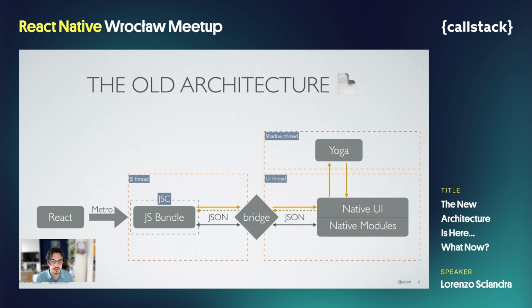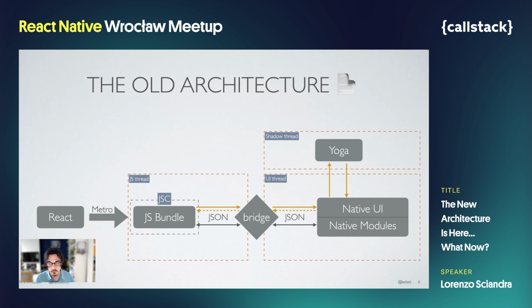We can easily recognize a few known elements. We see Metro on the side, we see JSC, JavaScript Core, as the engine where the JavaScript bundle gets run. We have the mythical bridge, we have JSON going back and forth, and we have Yoga to handle the native UIs. This is pretty much how React Native works when you talk of the Paper way, the old architecture.